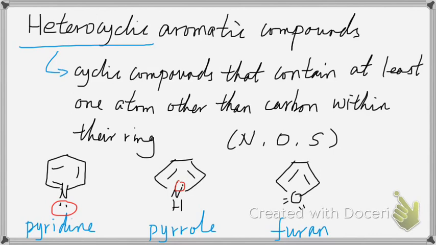Now for furan, we have 2 pi bonds, 4 electrons, and we need 2 more to be aromatic. So 1 lone pair on the oxygen will participate in the aromaticity. The other pair will be left out. Okay? And furan will be aromatic.